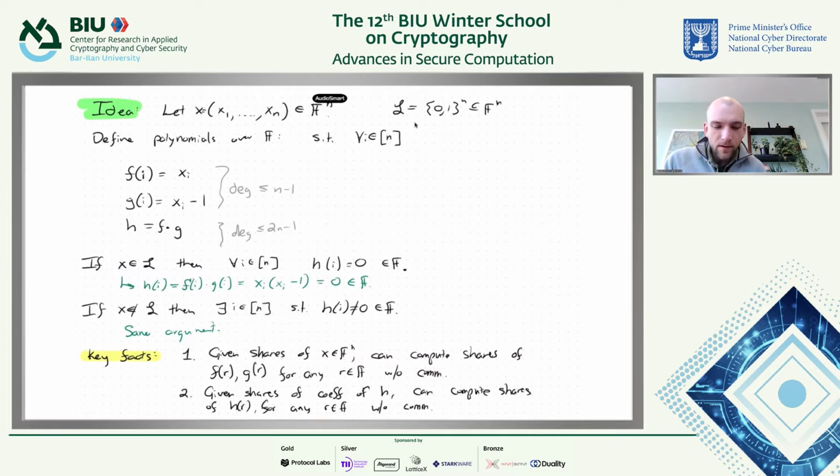This is also just the fact that evaluating a polynomial at a public point is a linear function of the coefficients of the polynomial. The fact that we're using a linear secret sharing scheme is super helpful here. Any questions about this?